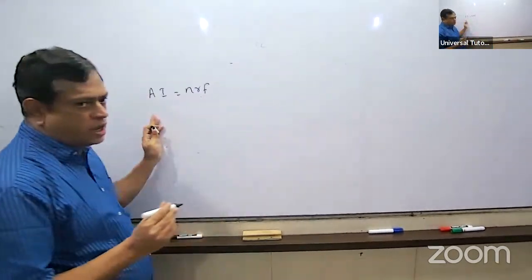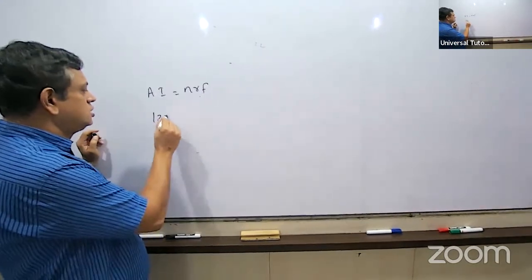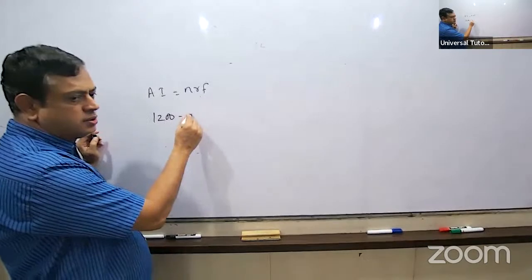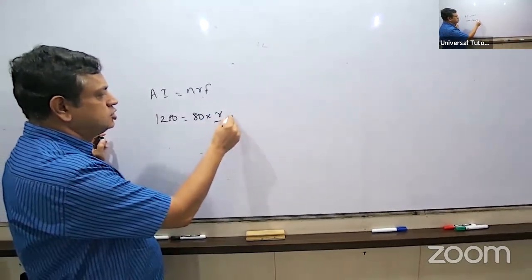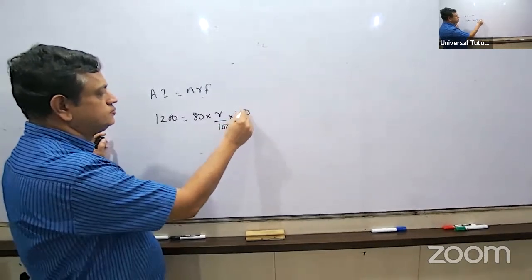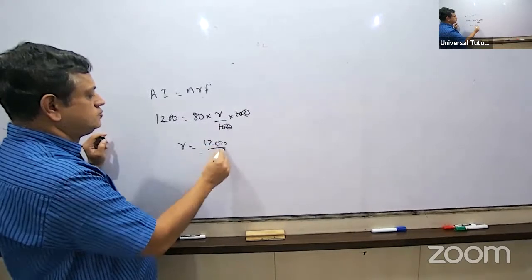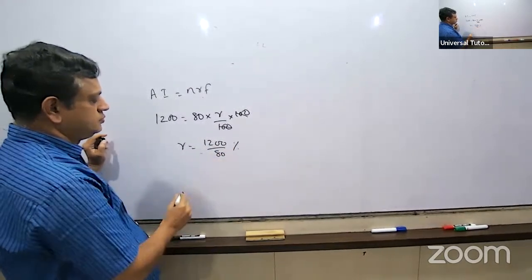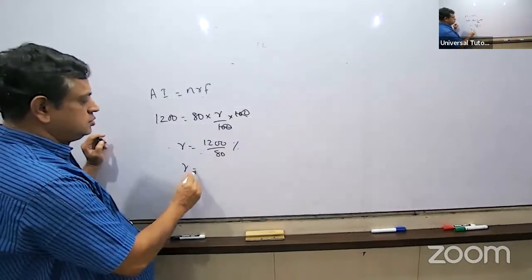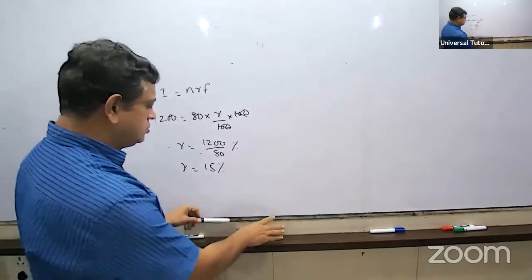Therefore, by the formula, annual income is equal to N R F, that is 1200 is equal to 80 into R by 100 into 100. Got it? Both answers you got?